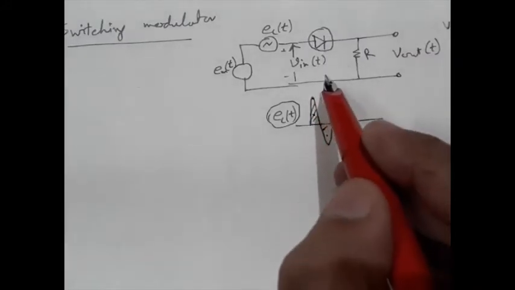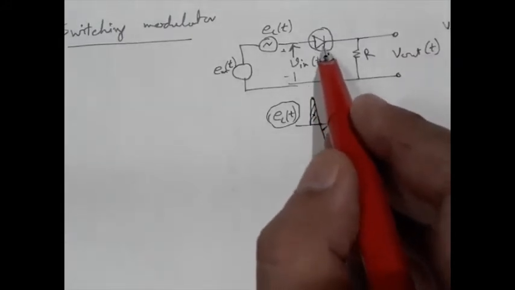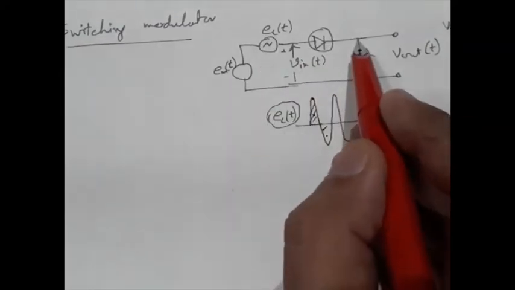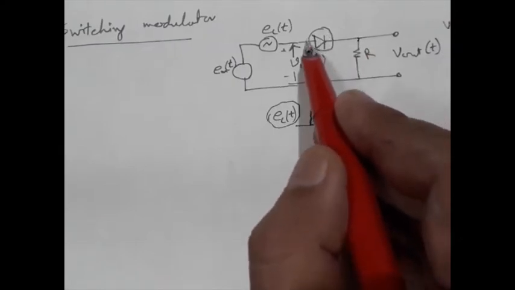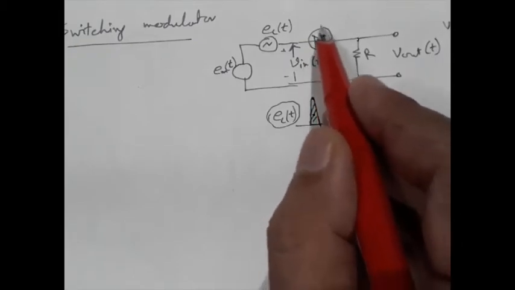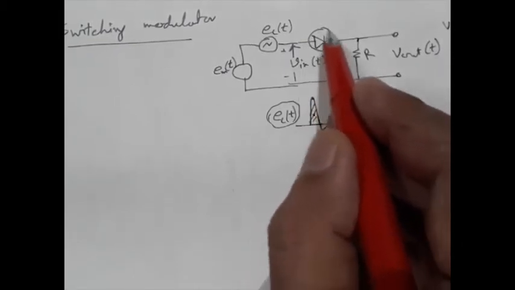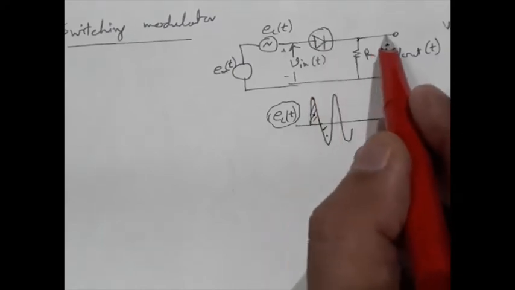Now when the diode is switched on, then these two voltages will appear here, and when the diode is switched off, then this diode will be just cut off. That means it is open, so the output voltage will be 0.